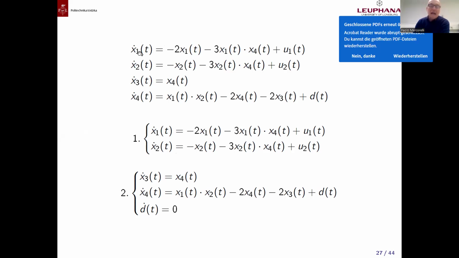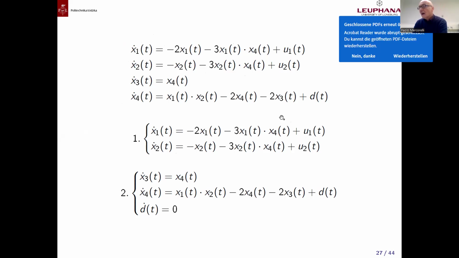We have the dynamic of x1 and the dynamic of x2. We can see the input, but we can see that x4 in the first equation and the second equation are two variables which are not states in the context of x1 and x2, as states, if I consider all four equations.